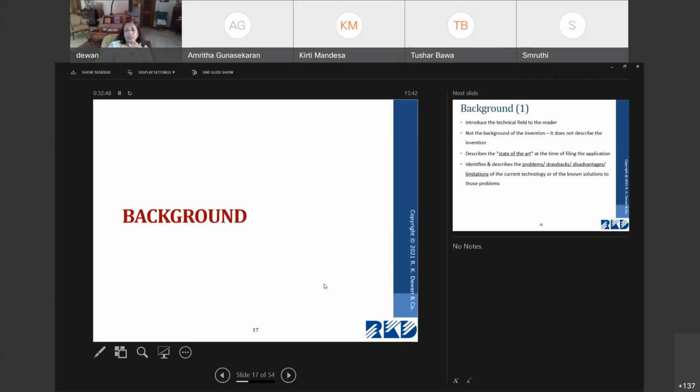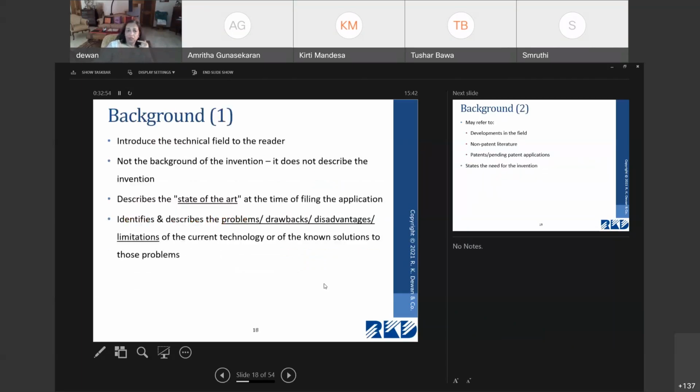Now the third important aspect is the background of the invention. In the background, what we do is that we introduce the technical field to the reader. In the background of the invention, we do not describe the invention.